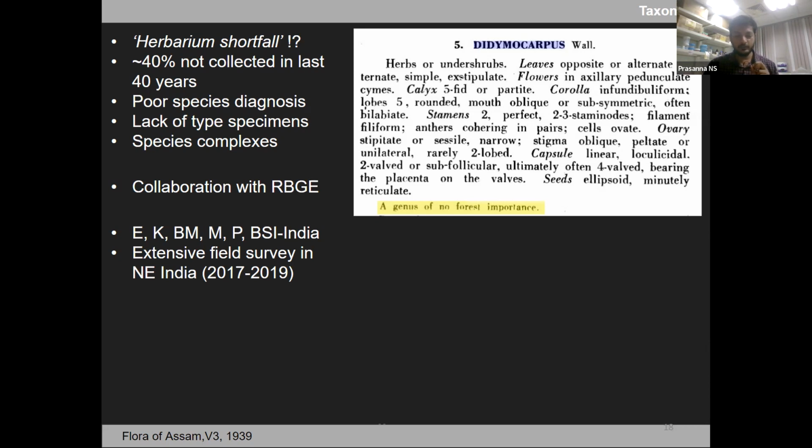So we carefully looked at all the specimens, the past collections of Gesneriaceae, especially Didymocarpus, in Indian and European herbaria. We also managed to do some 8 months of field work across 3 years in 8 northeastern states of India, and we collected morphological as well as tissues for molecular data.